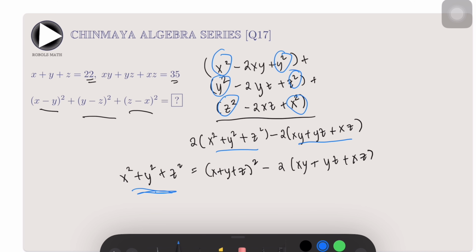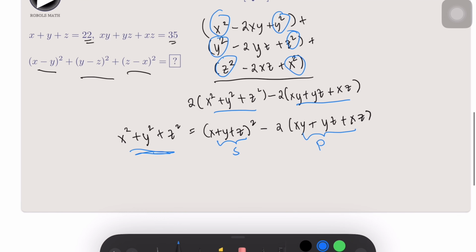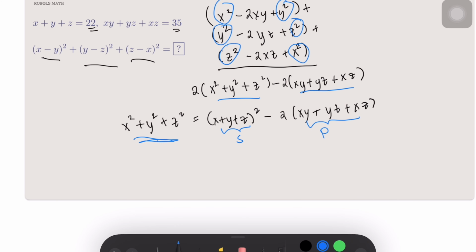So if we substitute it here, let's call this sum s, and let's call this p. So the required expression is actually equal to 2 times (s squared minus 2p) minus 2p.